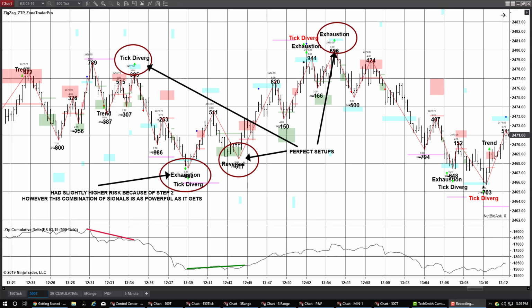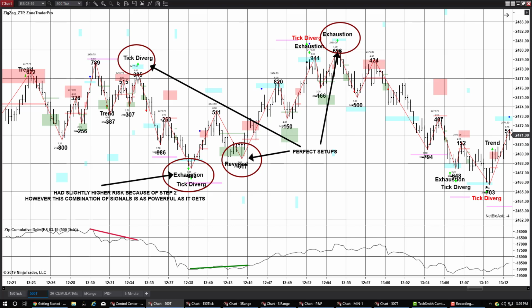In a tick divergence trade, we trade to a blue counter trend zone, but the tick is less. As you see here, the 515 on the previous high is more than the 385 on the higher high, giving us the tick divergence pattern. As we trade down to here, we trade into an exhaustion tick divergence trade.